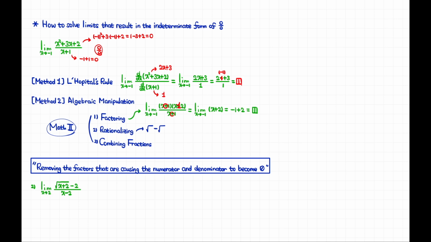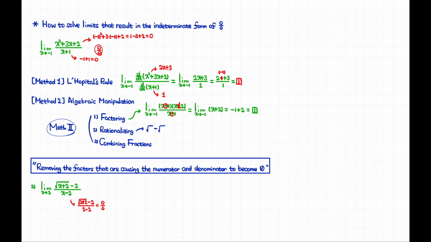So if we plug it in, root 2 plus 2 minus 2 over 2 minus 2, which is 0 over 0. So just check what happens before you start simplifying, okay? That's the first thing you need to do all the time.